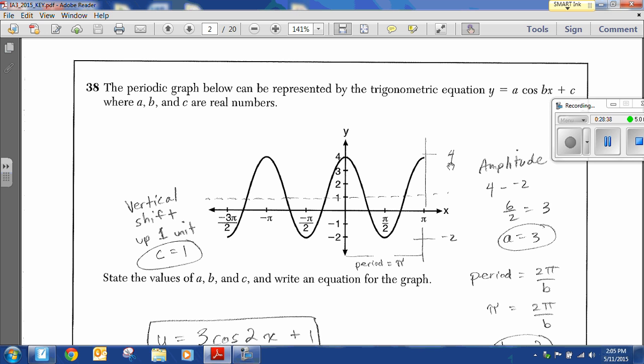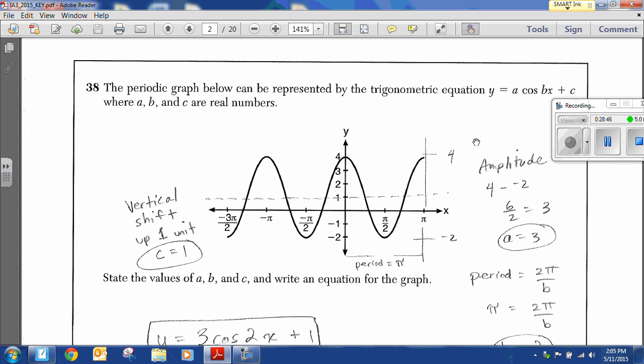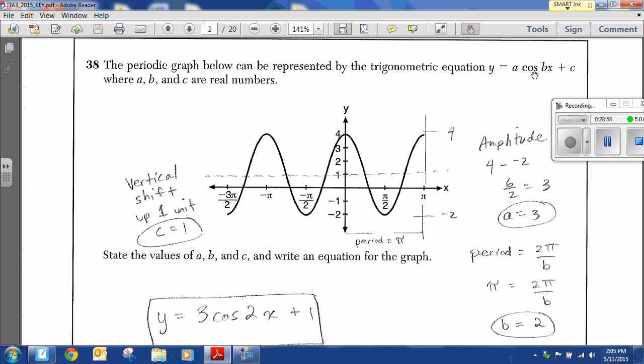Number 38. So we're looking at this cosine curve, and we want to identify A, B, and C, which are some of the coefficients of this equation. And we remember that the amplitude is A, B is the coefficient of x, and C out here, because there's no parentheses, represents the vertical shift.